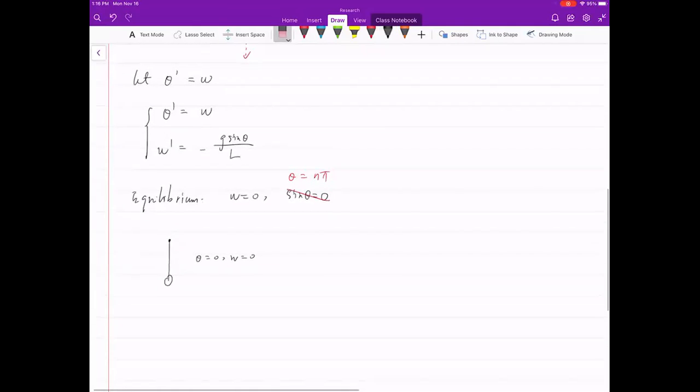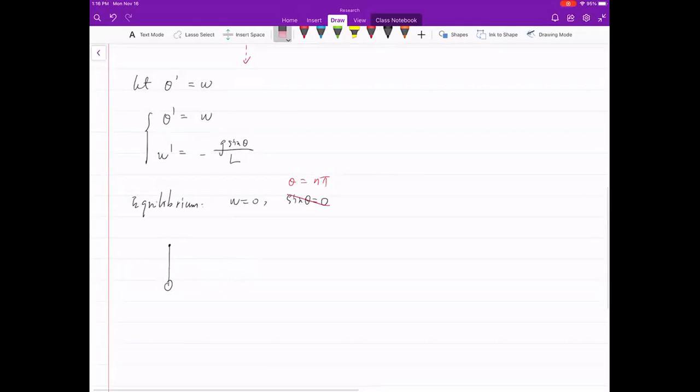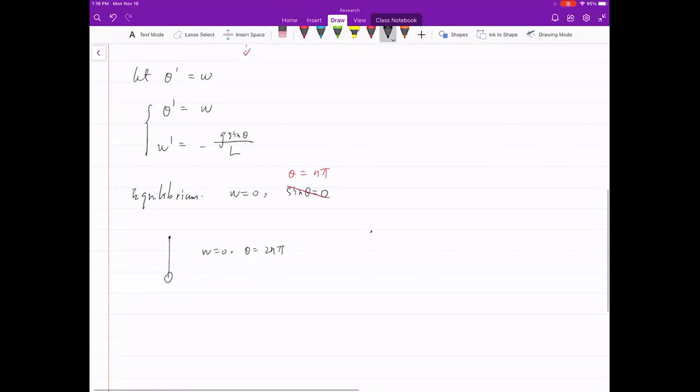Of course, this is not just 0. Let's make it more careful. That's omega equals 0 and theta equals 2n pi. Another balance you can imagine is this, where the whole pendulum is above, right above, 180 degrees for your theta.